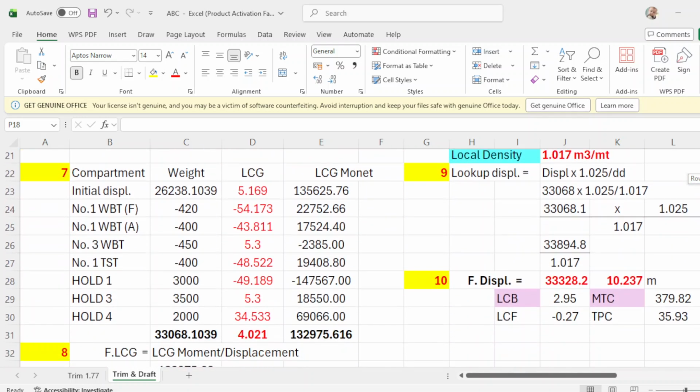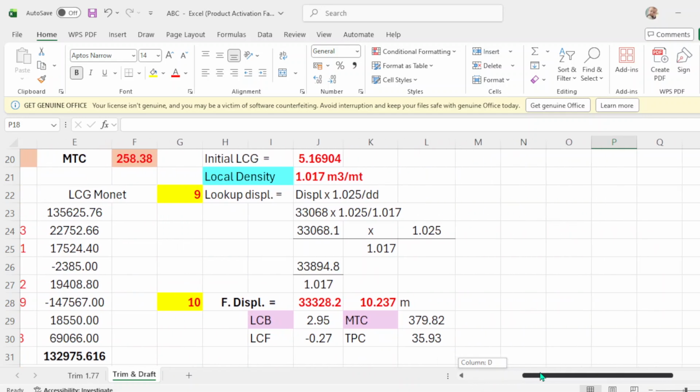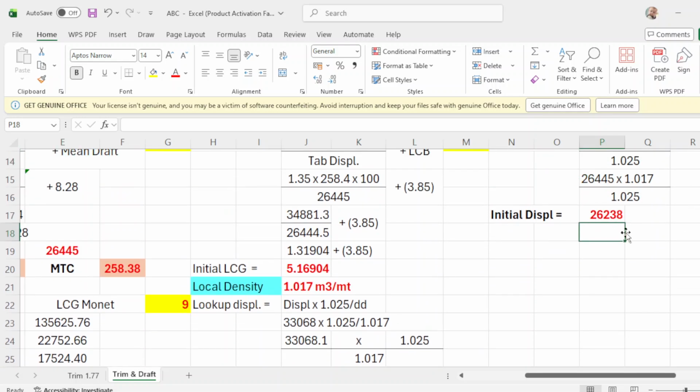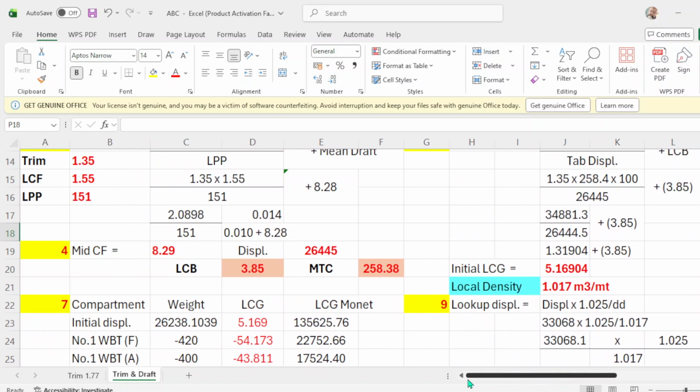Okay, take note that the weight I have is 26238, which is 26238. Okay, and the initial LCG is 51169, which is this one.